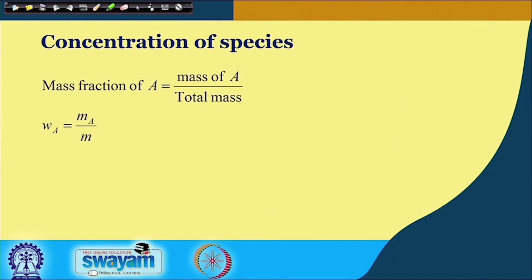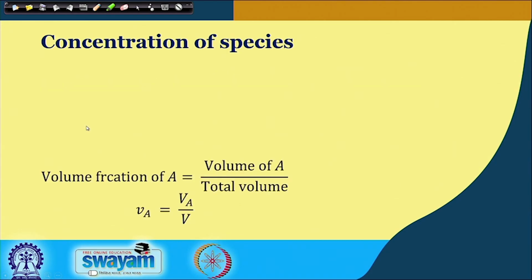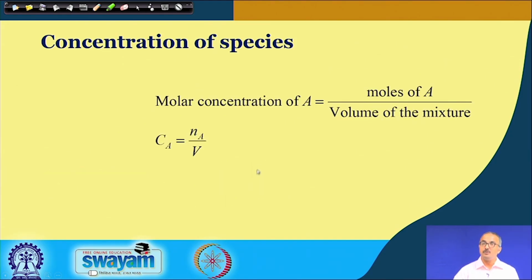Here we have the mass fraction. It is defined as the mass of a species divided by the total mass of the mixture. Then volume fraction is the volume of a particular species divided by the mixture volume, and lastly the molar concentration, which is the moles of a particular species divided by the volume of the mixture.